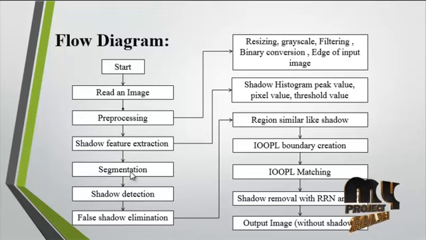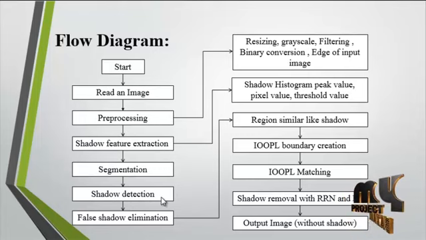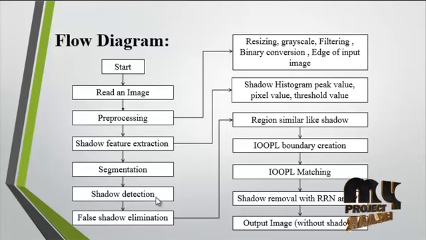In the segmentation, only the shadow region is segmented and the other backgrounds are eliminated. Then the blobs of the segmented shadows are detected, which is the shadow detection. Then the false shadow elimination is used to eliminate the regions which are similar to shadow regions.